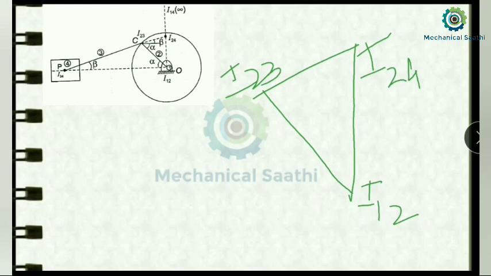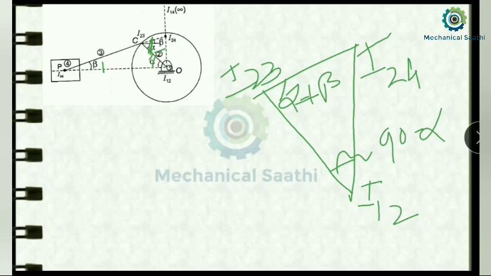This angle is alpha. So this angle will be 90 minus alpha. This angle will also be 90 minus alpha. Then this angle is beta and this angle is alpha, so the whole total angle will be alpha plus beta.